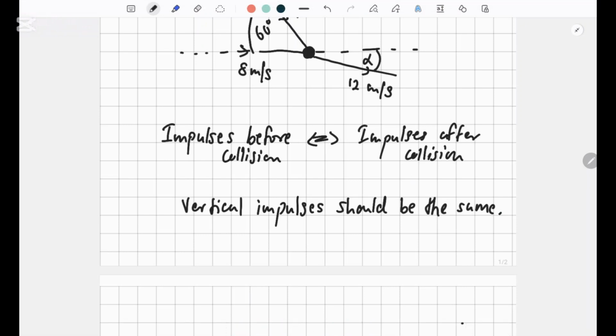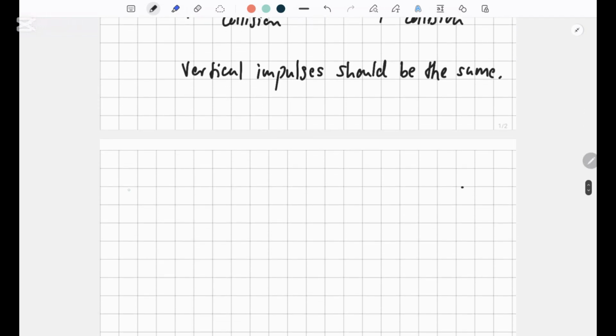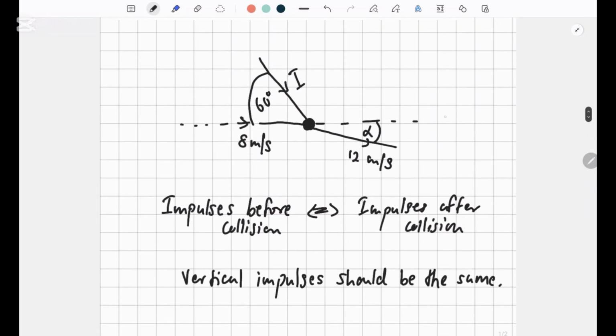So impulses before collision and impulses after collision. So impulses before collision, it's going to be 8 into 0.25, which is the mass of the particle into its speed. Impulse is mass into velocity, plus I, which is the impulse, it's already given, cos 60, because we have to resolve it along the x-axis.